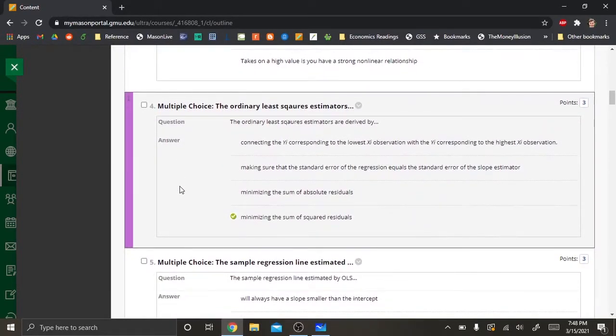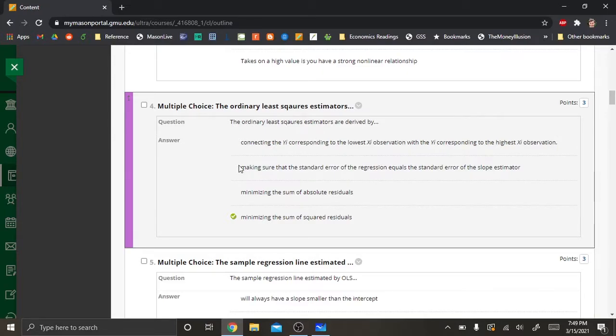All right, next one. Ordinary least squares estimators. How do we get them? First one, connecting the yi corresponding to the lowest xi observation with the yi corresponding to the highest xi observation. I don't even know what in econometrics requires you to do that. It's definitely not A. B, making sure the standard error of the regression equals the standard error of the slope estimator.